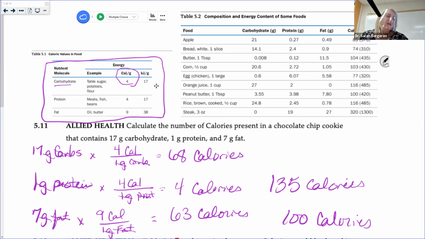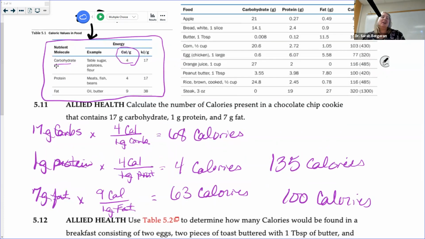This will be on your best friend, I'll call it your BFF. I want the caloric values. This is table 5.1, because it's not on the best friend that I printed, but I don't know how old this best friend is. Can y'all look? Is it on the one that's online? It's not on there. It will be on there by Thursday, not Friday, Thursday. It will be on your best friend.